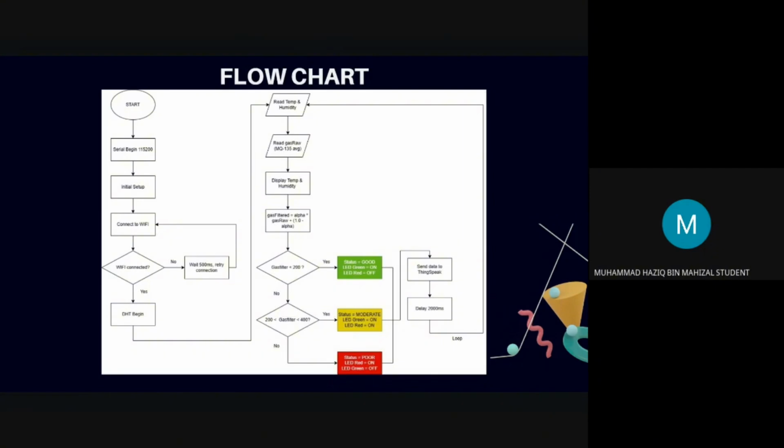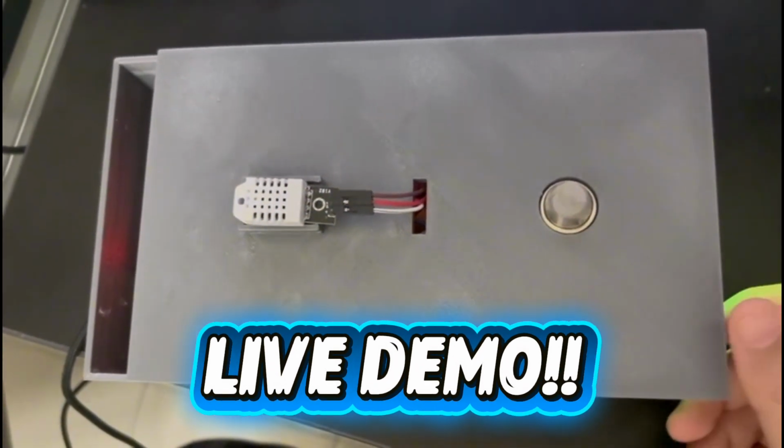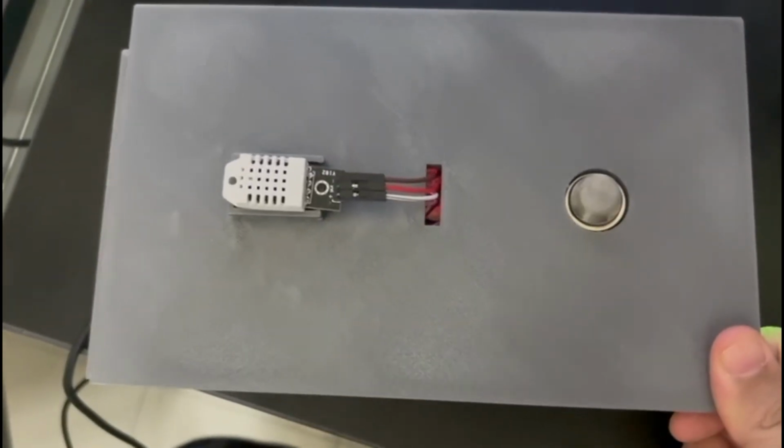If the gas reading is above 400, the status is poor, and the red LED will turn on. All of these readings from the sensors will be sent to ThingSpeak with a 2000 millisecond delay, and the system will loop back. I will now present a live demonstration on how my air quality checker and monitoring system works.